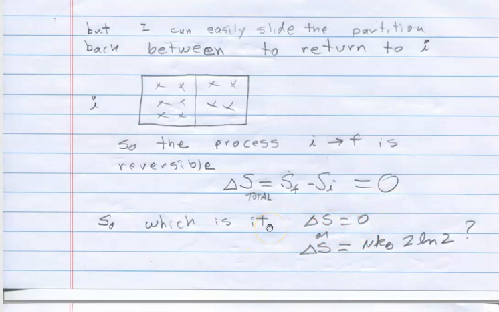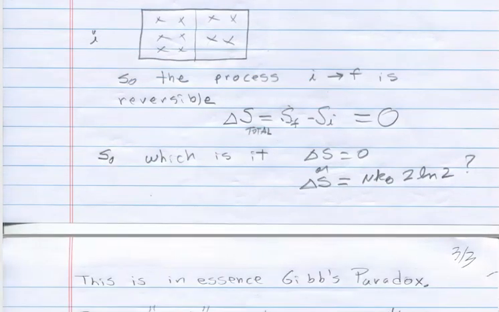And so the question is, well, which one of these is it? Is the change in entropy for these identical particles, identical mass and the ideal gas, delta S equal to 0? Or is it equal to, like when they were distinguishable, this factor of 2 log 2, which is bigger than 0. So that, in essence, is the Gibbs paradox.